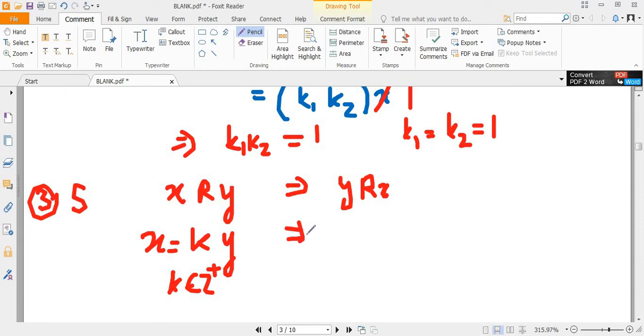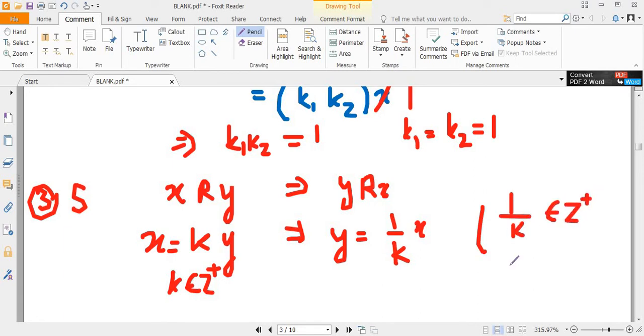Now from x equal to ky, I can say y equal to 1 by k times x. Now the only way in which 1 by k can be an integer is if and only if k is equal to 1.